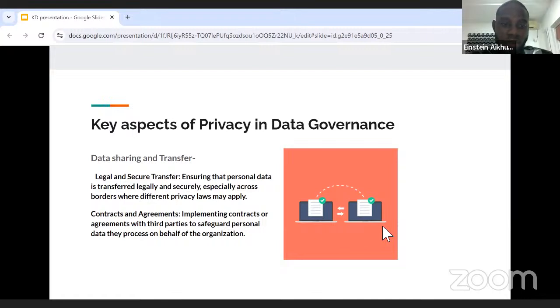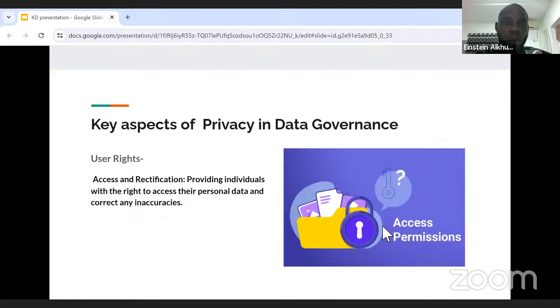Implementing contracts or agreements with third parties to safeguard personal data they process on behalf of the organization. The organization we send our data to has the obligation to protect our data from external bodies, and if they share our data with a third-party organization, they also have to safeguard it through agreements. That is one of the key aspects of privacy.